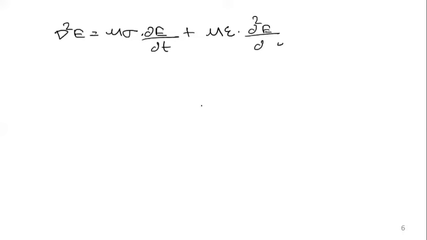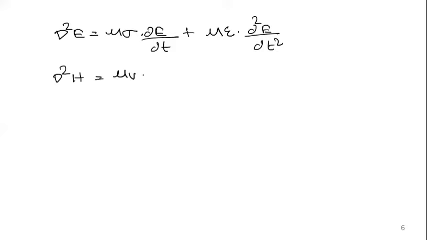In the last case we didn't have sigma, right? So del square E is equal to mu sigma into dou E by dou T plus mu epsilon into dou square E by dou T square. Similar equations hold for the magnetic field.